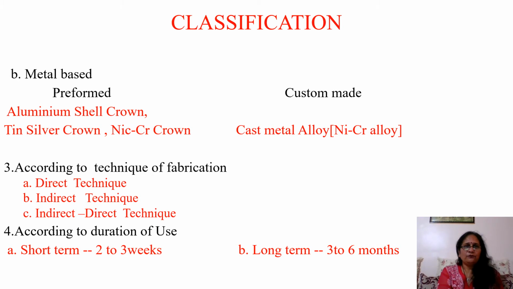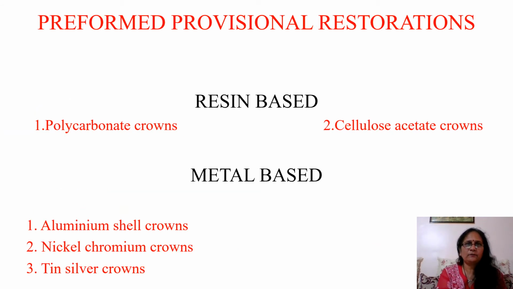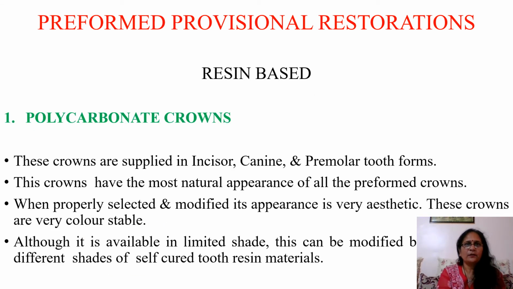Short term are used for 2 to 3 weeks and long term restorations are used for 3 to 6 months. Preformed provisional restorations, resin based, they are polycarbonate crowns and cellulose acetate crowns. Metal based are aluminum shell crowns, nickel chromium crowns and tin silver crowns.